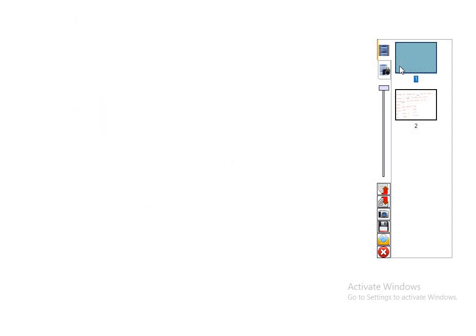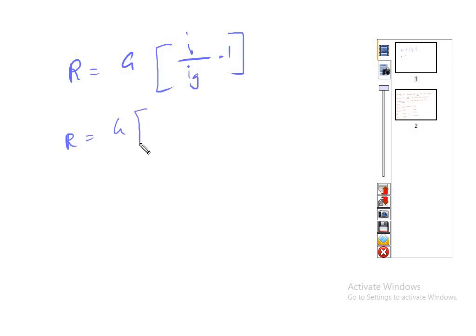So let's write the formula. R is equal to G into (I by Ig minus 1), right? And you already know that I is equal to V and Ig is equal to Vg by G, so R is equal to G into (V by Vg minus 1).